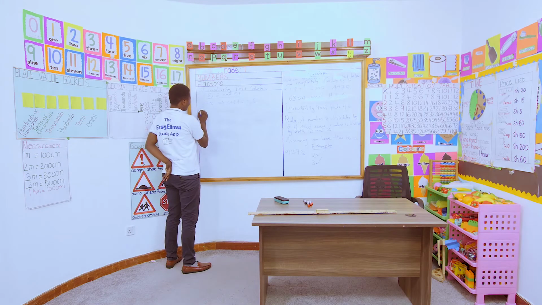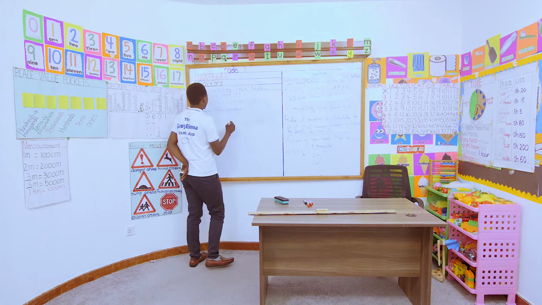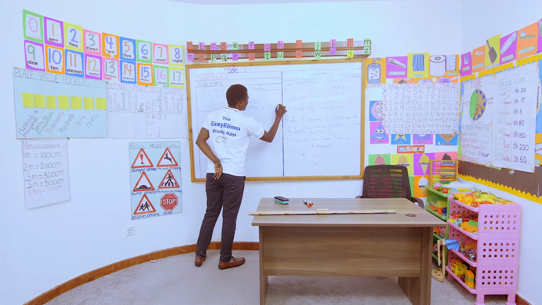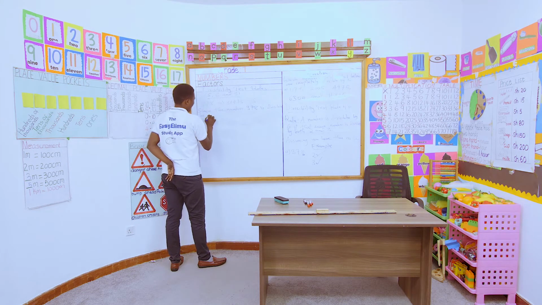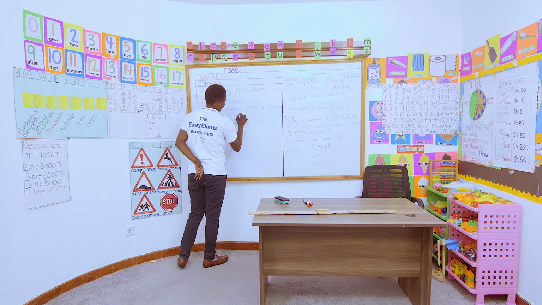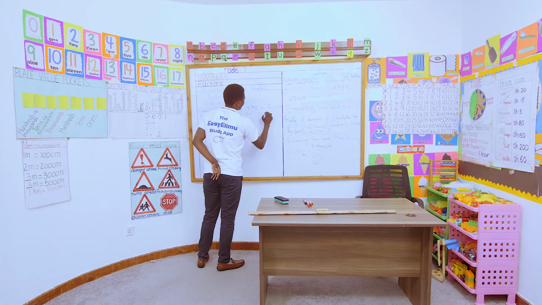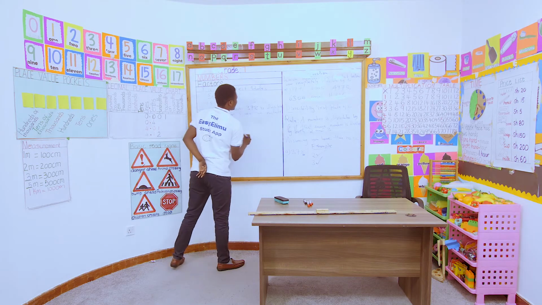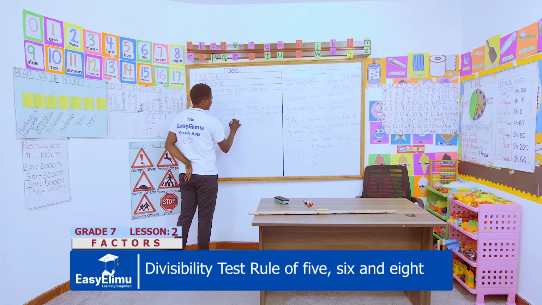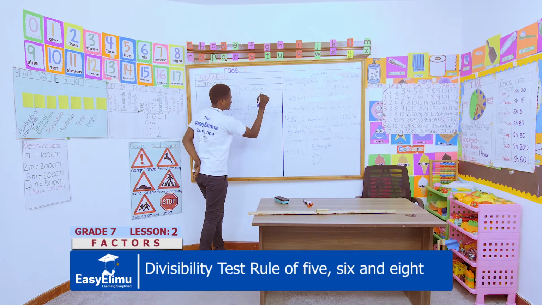Then we say, since the number 378 is divisible by both 2 and 3, we can conclude that it is also divisible by 6.